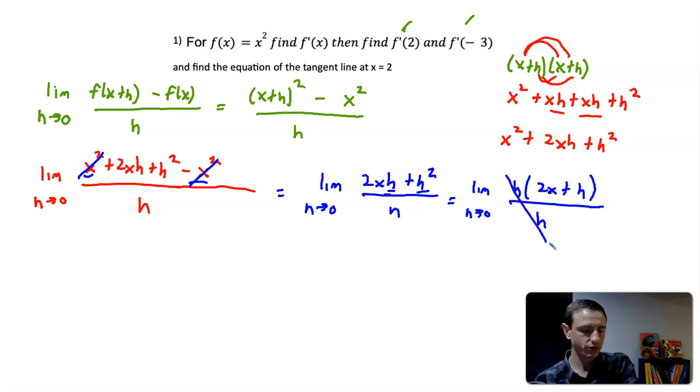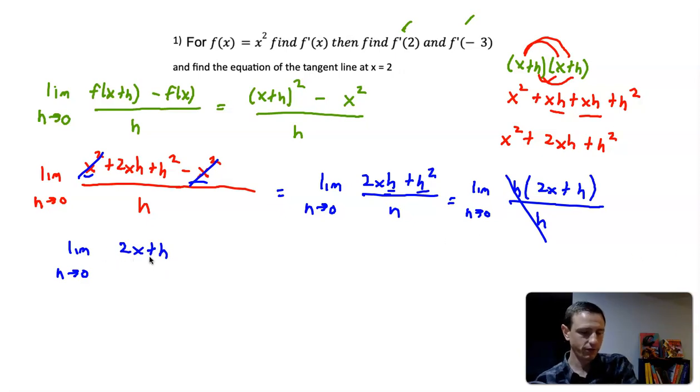H is canceled out, which is usually what we want to have happen in this scenario. When we're trying to factor out, we would want this to cancel, because we can't have h equal to 0. So that h in the denominator, something needs to give there. So good, cancels out. So then we're left with the limit as h goes to 0 of 2x plus h.